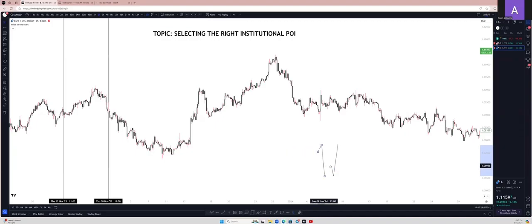Fine. But one thing I want you to understand is there is what we call order block and there's what we call institutional candle, right? So I like to understand why or when order block will work from when order block will not. Or let's say when the chances that the order block will work is higher is what I'm interested in.